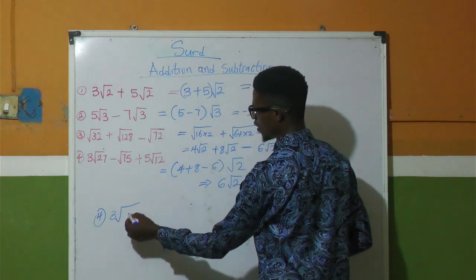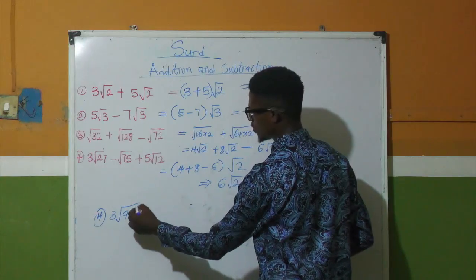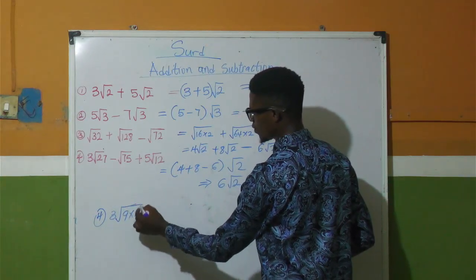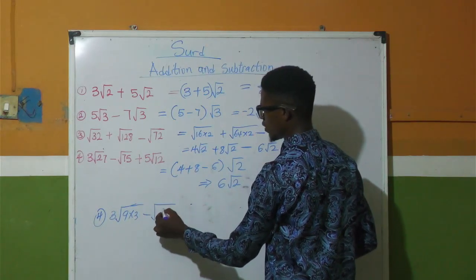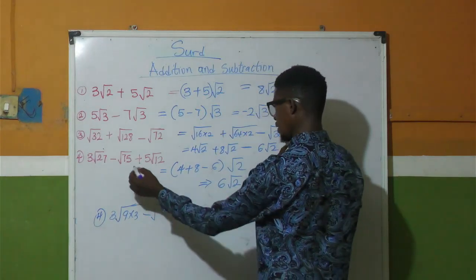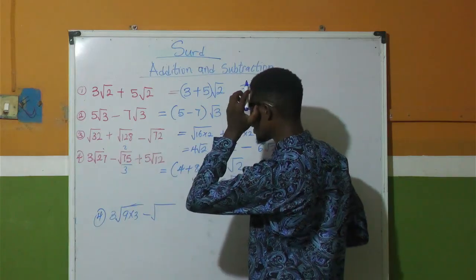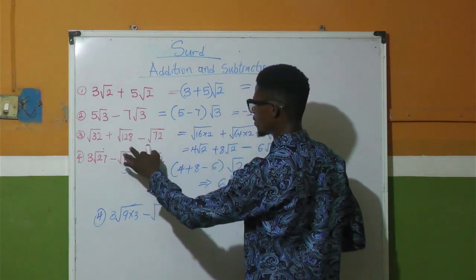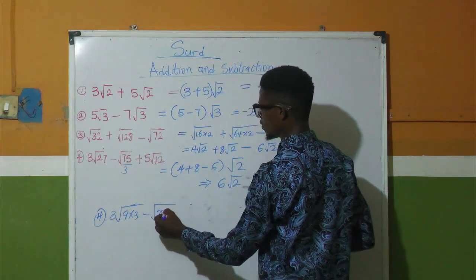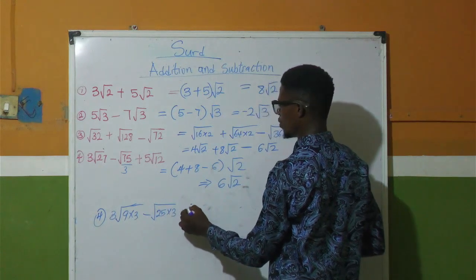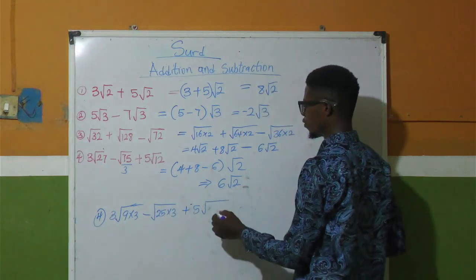So this is 9 times 3, minus, if we divide this by 3, we're going to have 25 times 3, which is 75. Then plus 5 into 4 times 3.